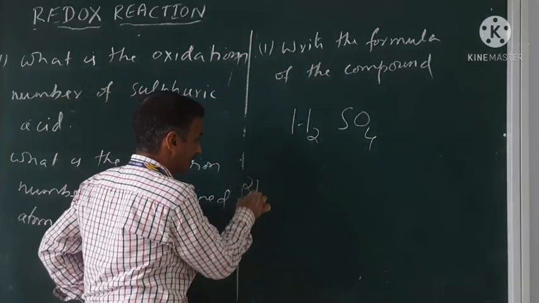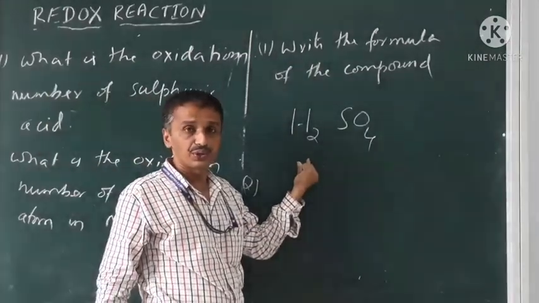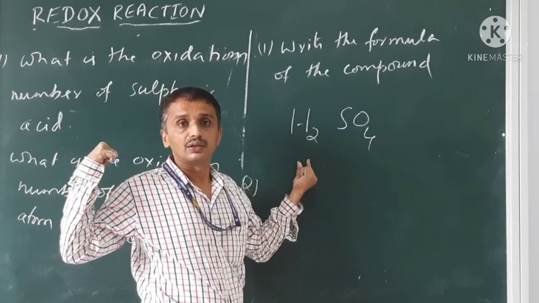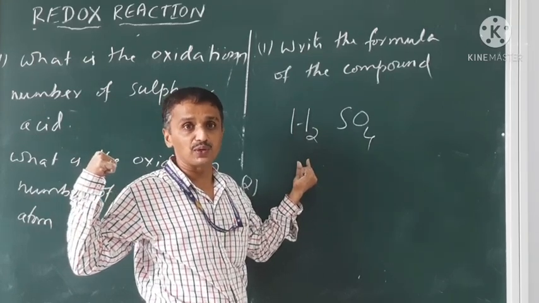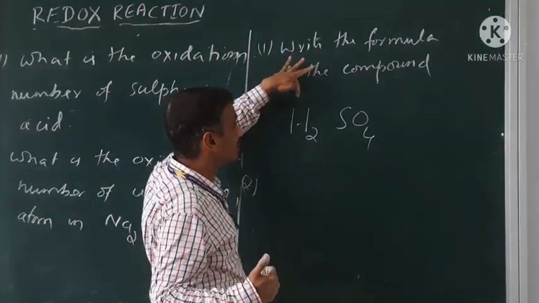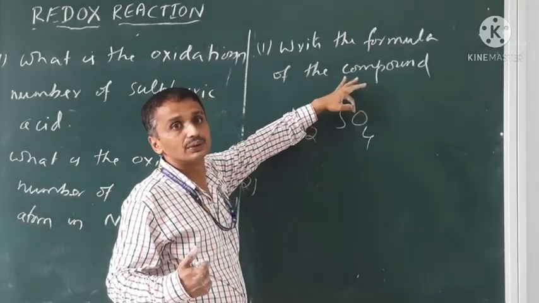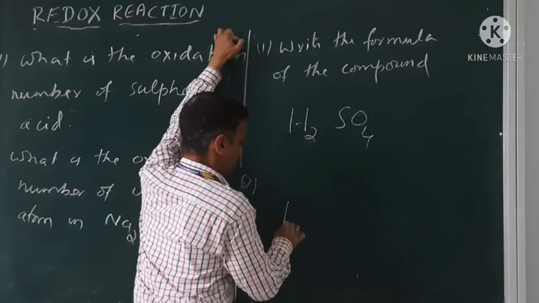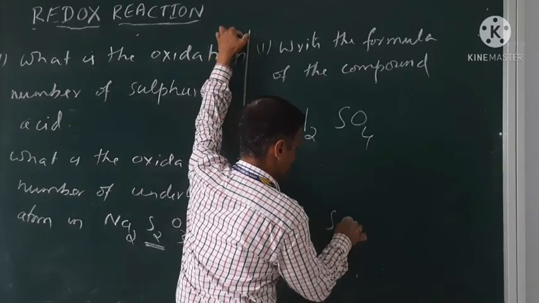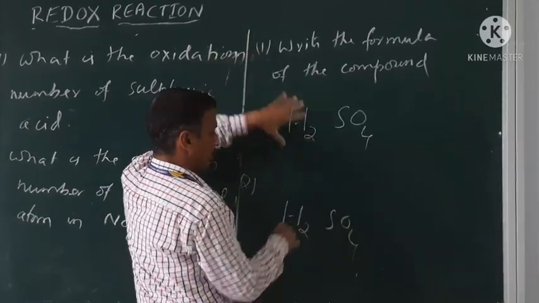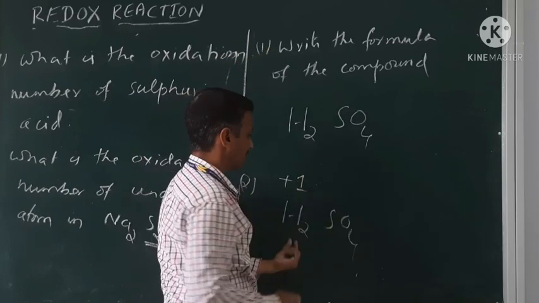Now, after writing, using the rules I gave in the previous video, assign the oxidation number for the known elements. In sulfuric acid, hydrogen is +1 because it is with a non-metal.